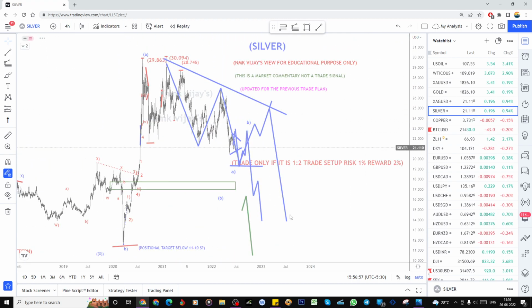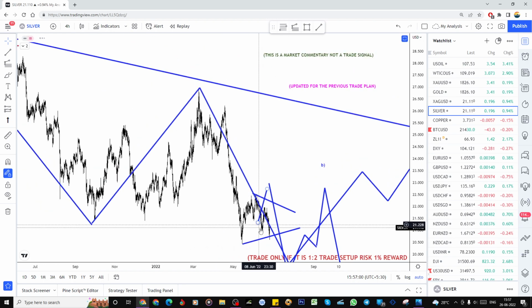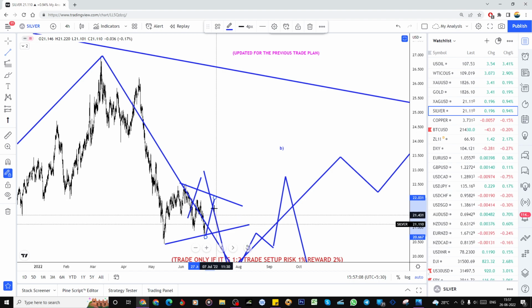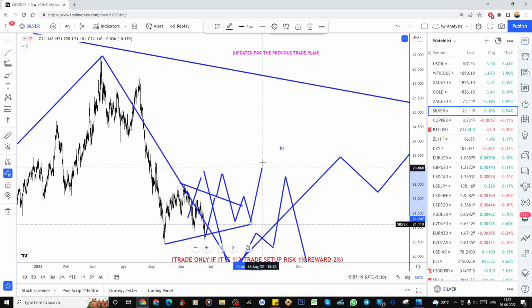and I already explained, right? It is not yet broken here. So until then, there are a lot of chances of making a triangle, or it could be an irregular flat, or it could be a running triangle again. If it did like this, again it can go above this also.